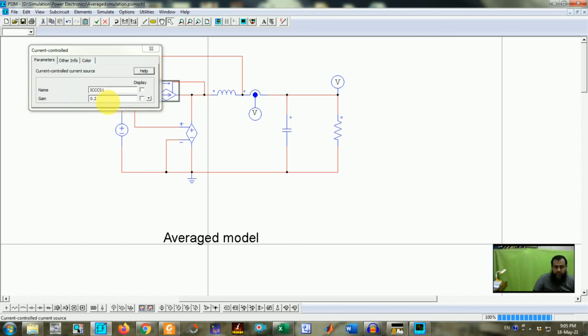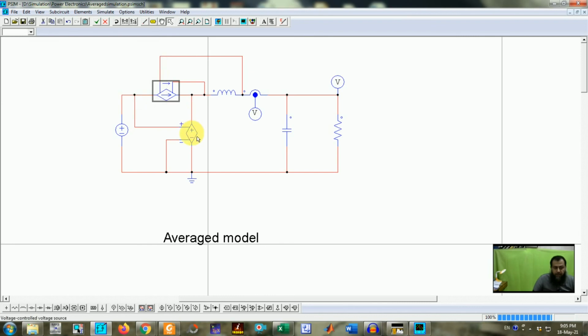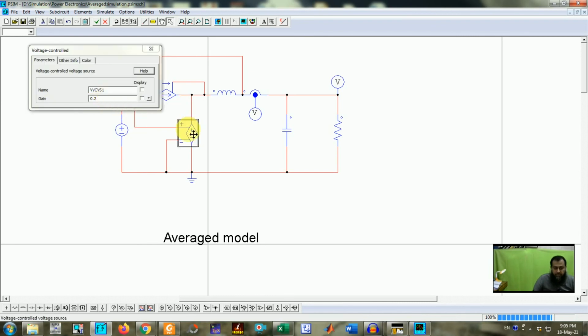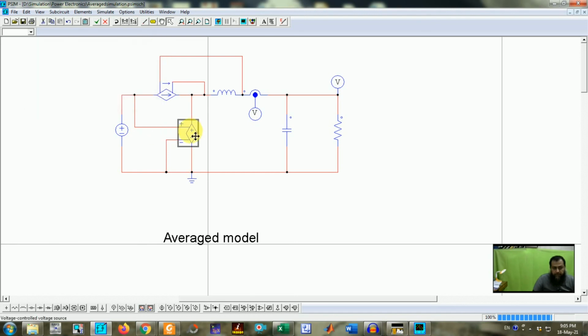The gain of this dependent source is set to 0.2, which is the same as the duty cycle. Also, we require a voltage controlled voltage source here with the same gain set at 0.2, and because it requires the voltage between this A point and this P point, we have this VAP available as well.